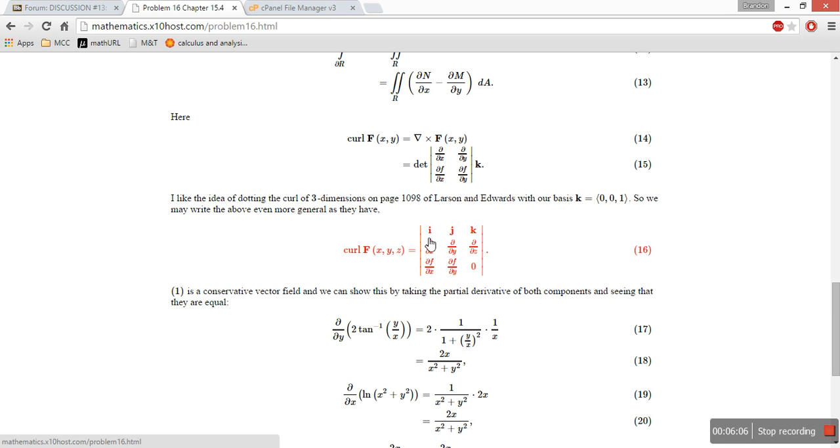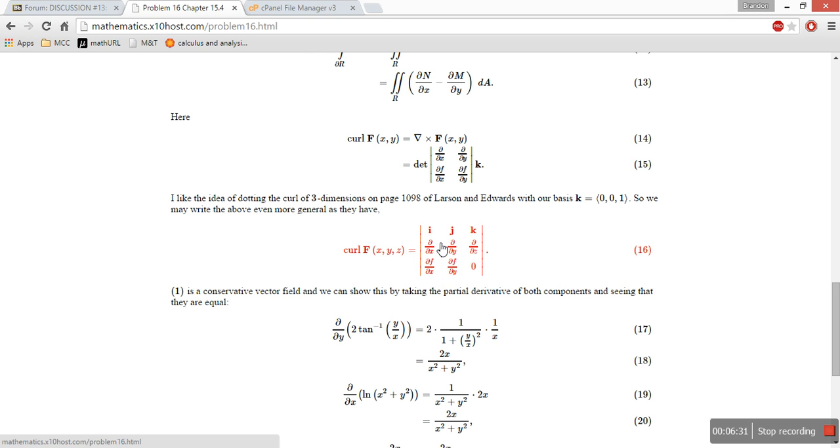So for the i component, we'd only have partial 2f, partial y, partial z, and in the j component we'd have partial 2f, partial x, partial y. But in the k component we would have partial 2f, partial x, partial y, minus partial 2f, partial x, partial y.